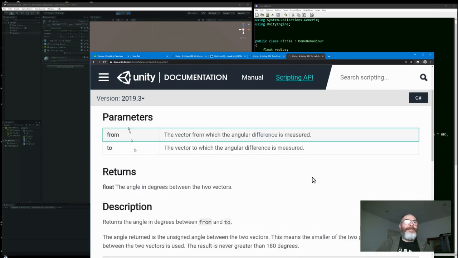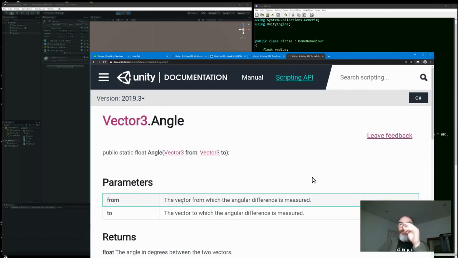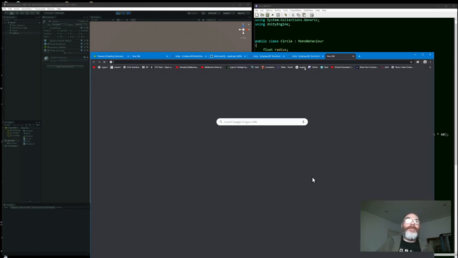So this function is useless for me because I want to know the angle. You know, this is different to this. You would hope that Unity would have provided, since they love their degrees, some way of getting the equivalent of the atan2 function in degrees.